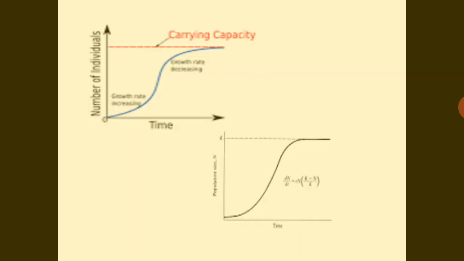In this picture you can see the carrying capacity K, the exponential portion, and then the decline.